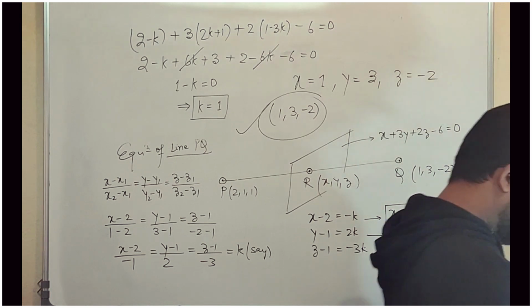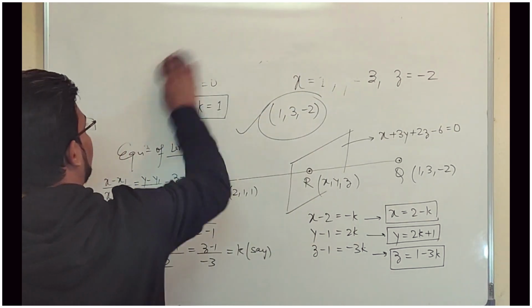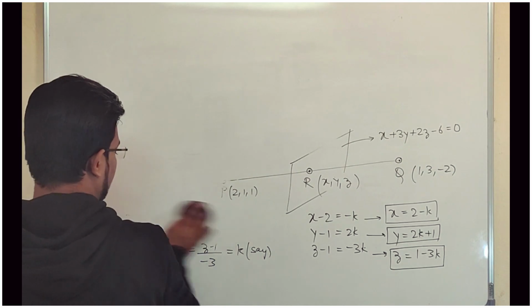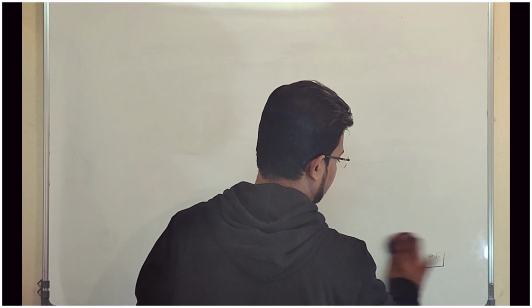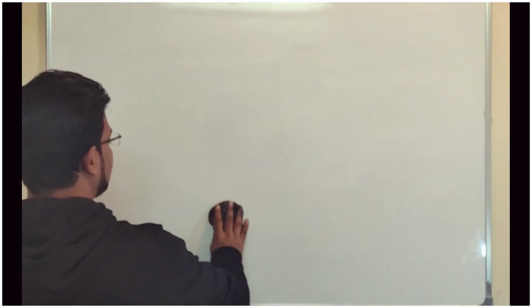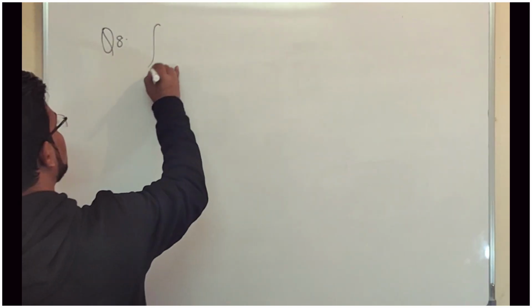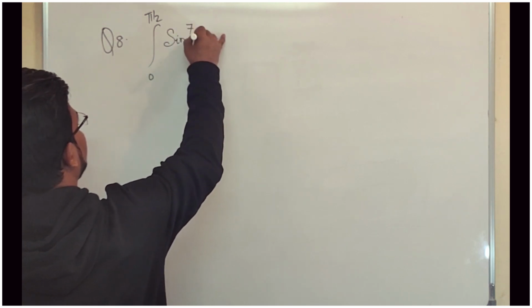Great. Now we have question number 8. Question number 8 says integration from 0 to pi by 2 of sine 7x dx.